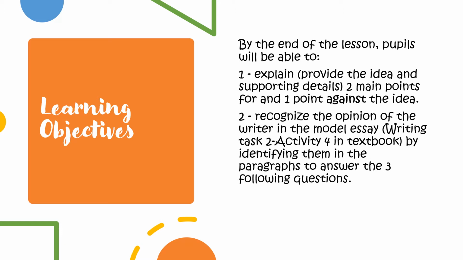Secondly, to recognize the opinion of the writer in the model essay, which is based on writing task 2 or activity 4 in the textbook, by identifying them in the paragraphs to answer the three following questions.